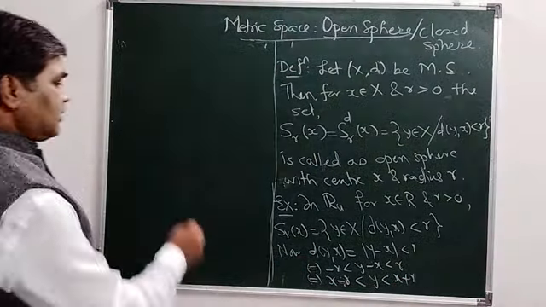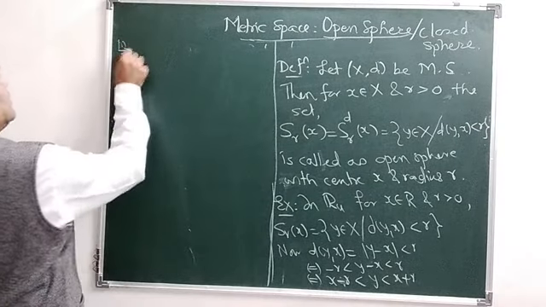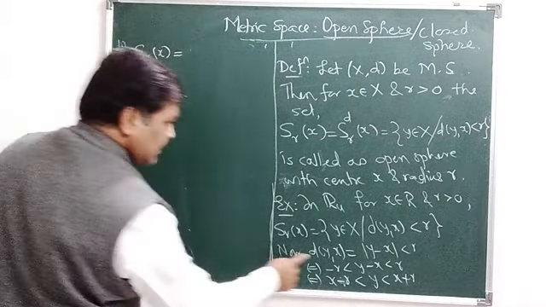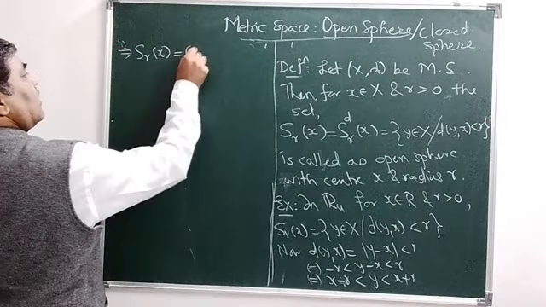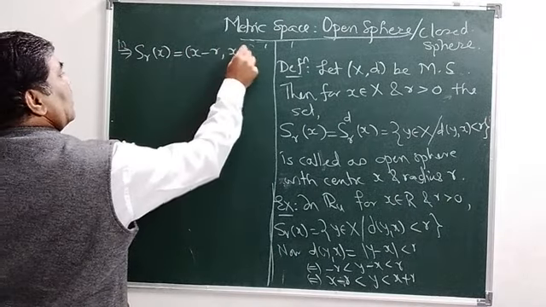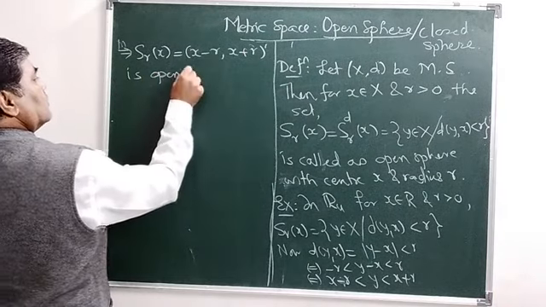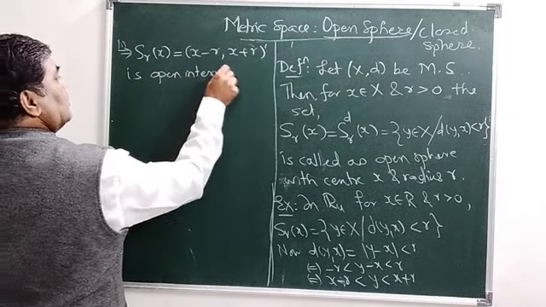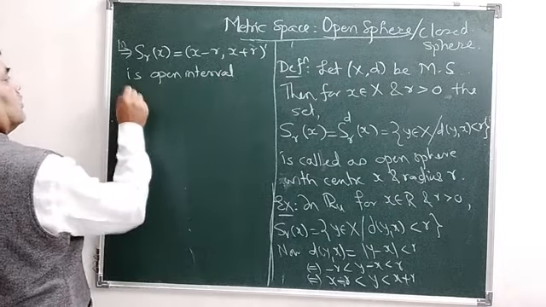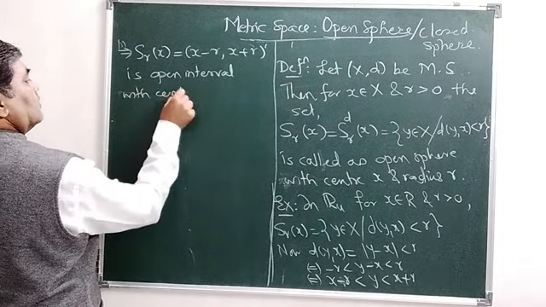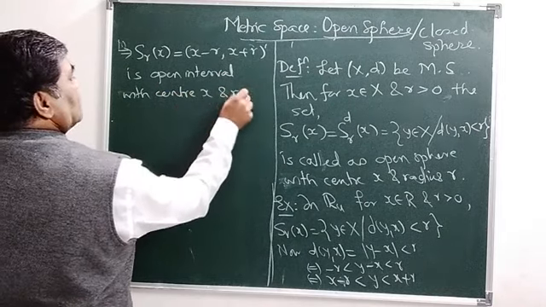This implies S_r(x) is precisely x minus r to x plus r, the open interval with center x and radius r.